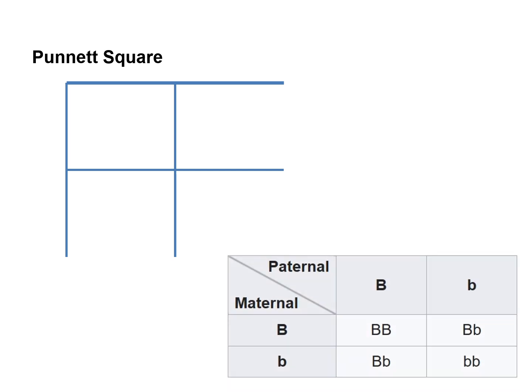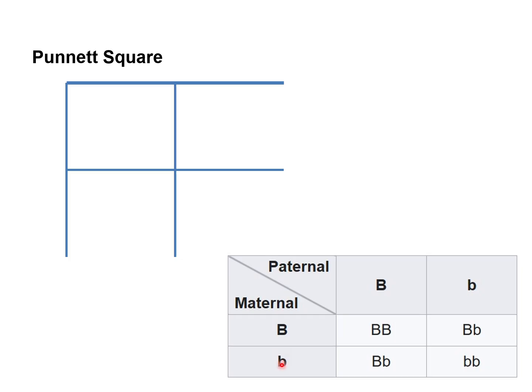What you do is you put the genotypes for the mother down the vertical axis, and you put the genotype for the father on the horizontal axis, or you can flip them. It doesn't really matter that much. And then you insert the letter in the square. So we have a capital B here and a capital B here, so we have BB. Capital B here, lowercase b here, and so we have a mixed genotype here.